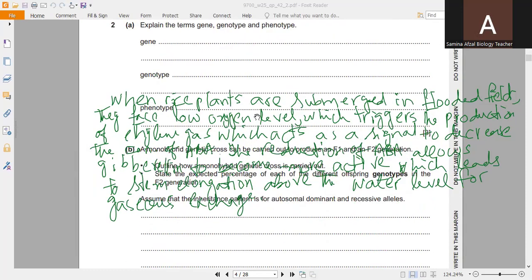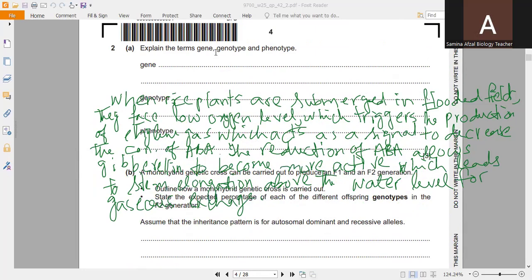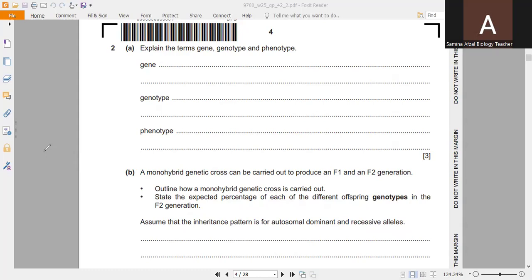Now moving towards the question number 2. Question number 2 is: explain the terms gene, genotype, and phenotype. Very simple question. Directly they have asked about the definitions. A gene is a small segment of DNA, or we can say a length of DNA that codes for a specific polypeptide or protein.